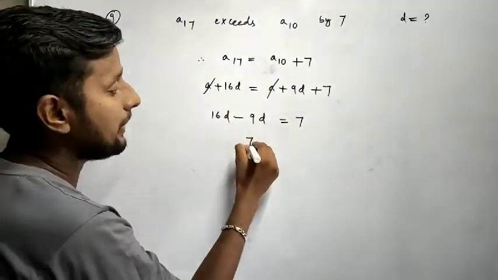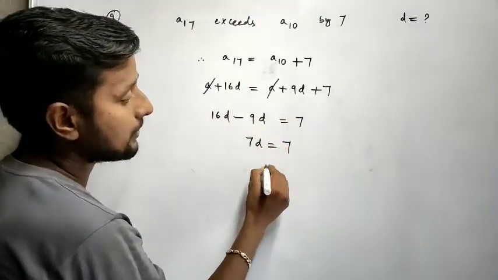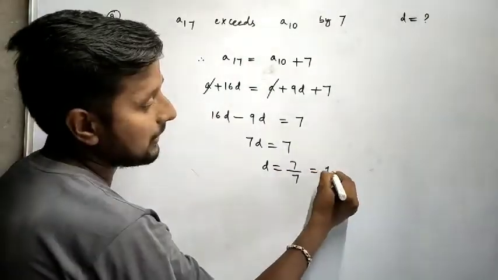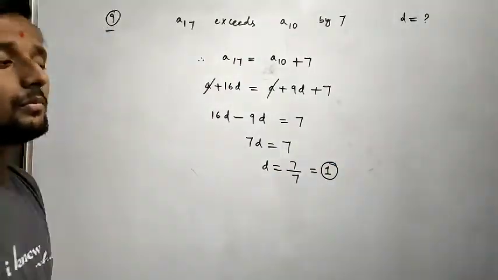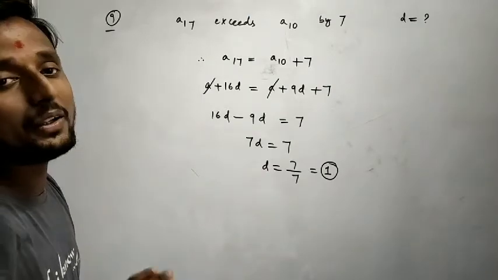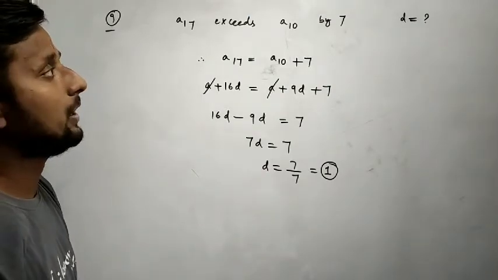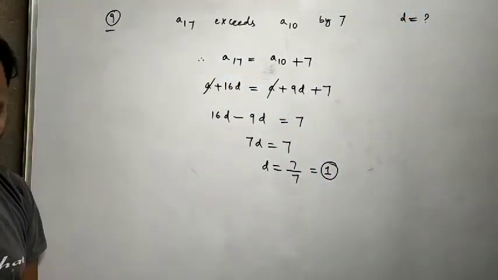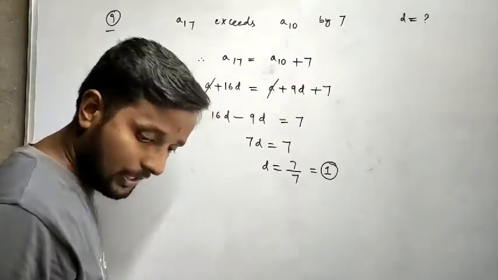So the answer is 7D equals 7. D is equal to 7 by 7, that is nothing but 1. He didn't ask about the series, he's just asking about the common difference. Find the common difference. Okay, the common difference is only 1. So we don't want to find anything else.